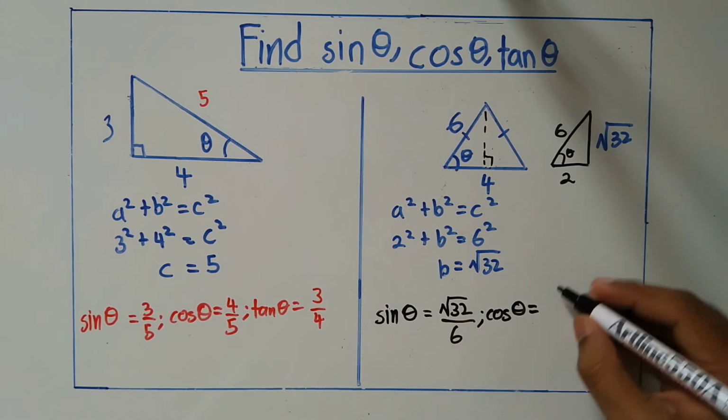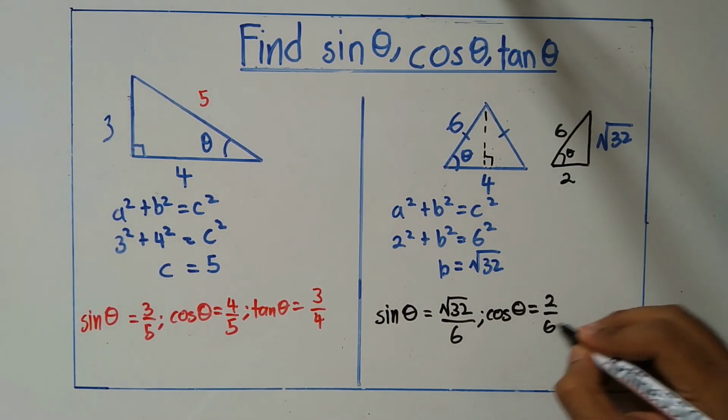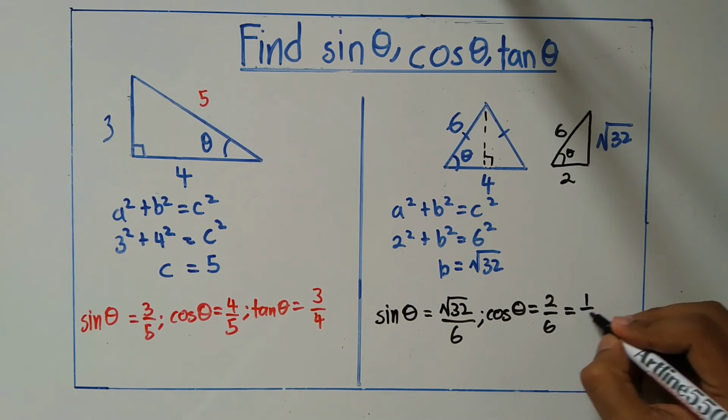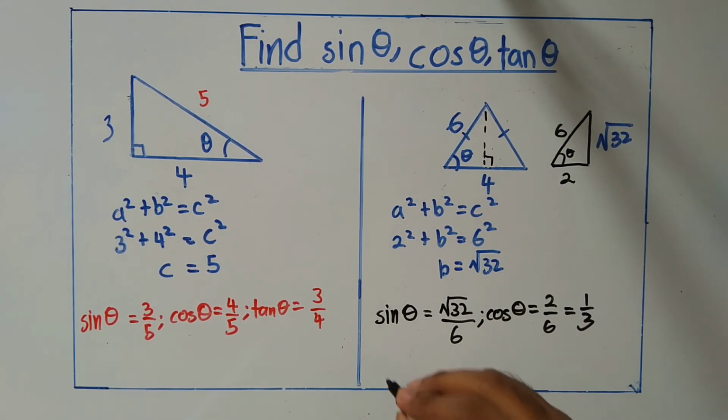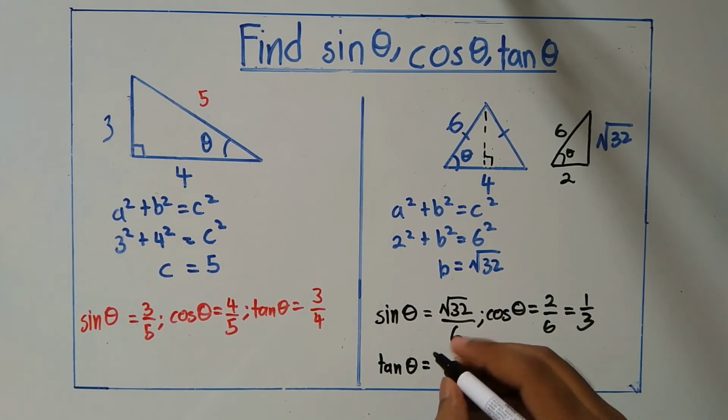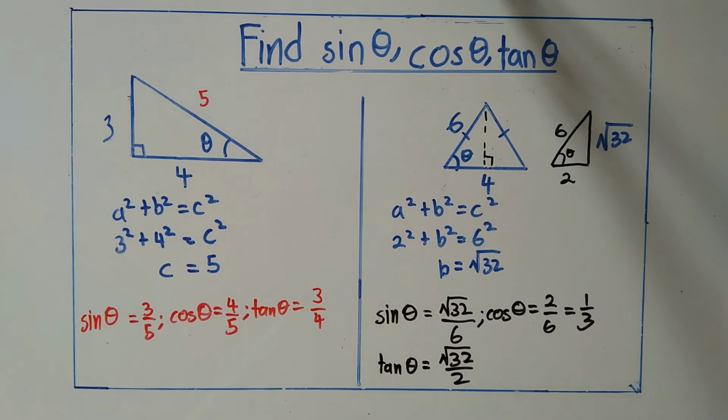Cos theta is 2 over 6, which is 1 over 3. And tan theta is square root of 32 over 2.